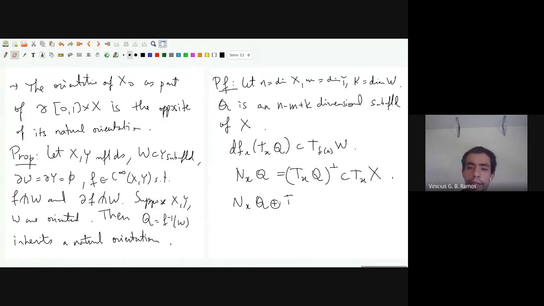It's the complement of the dimension of Q. And it has the property that the direct sum with the tangent space to Q is equal to the tangent space to X.